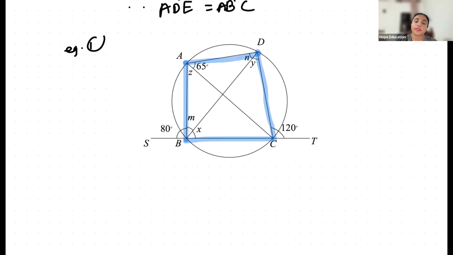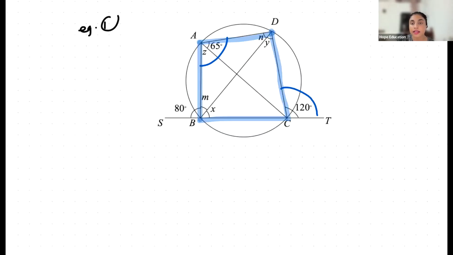So I can see one exterior angle. When side BC is produced, an exterior angle forms here with the other side. That is DCT. This exterior angle DCT equals the interior opposite angle, not the adjacent one. That is this. So this is the interior opposite angle and this is the exterior angle. They are equal, right? So BAD is equal to DCT.